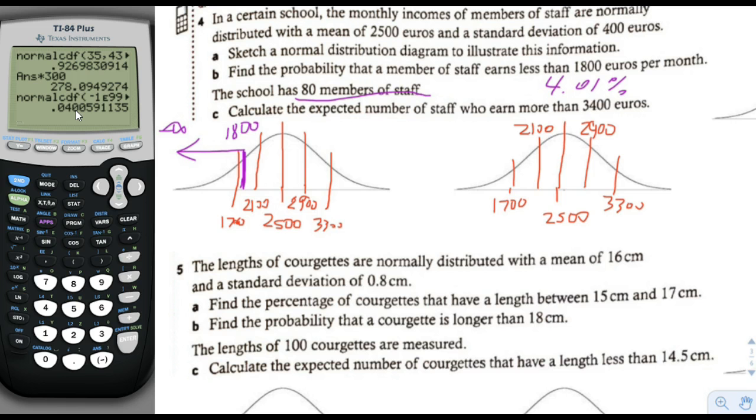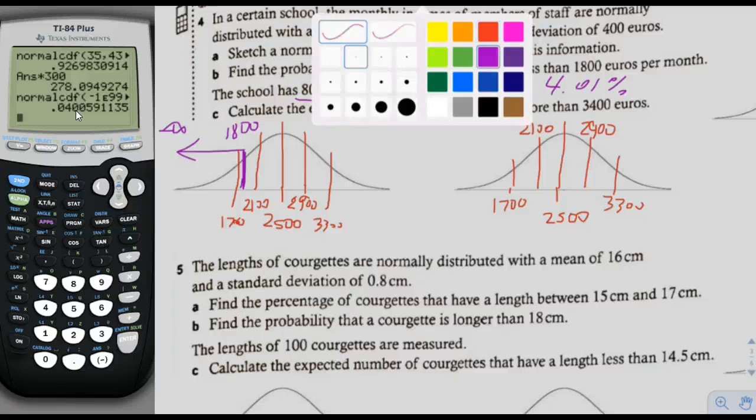Okay, and they're saying calculate the expected number of staff who earn more than 3,400 euros.